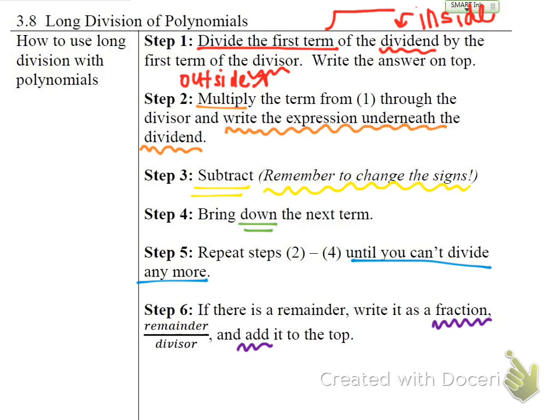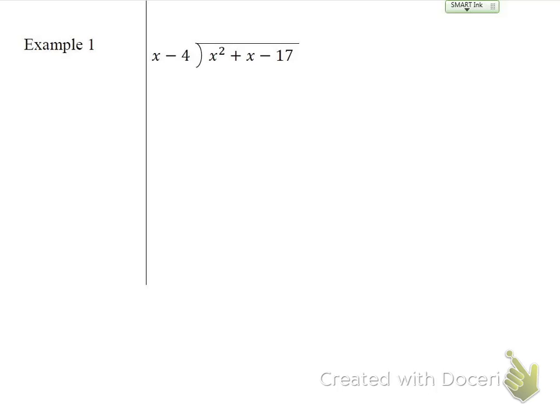So basically all the steps are exactly the same as regular long division that we've done before in the past. We're just now going to be applying it to polynomials. Okay, so example 1. I have x squared plus x minus 7 divided by x minus 4.